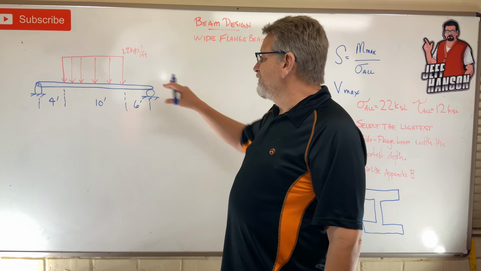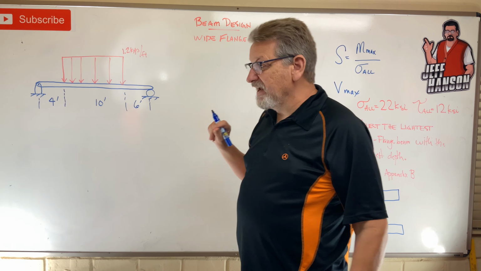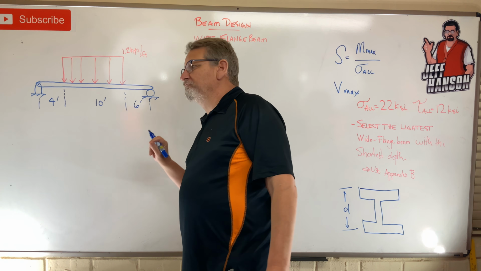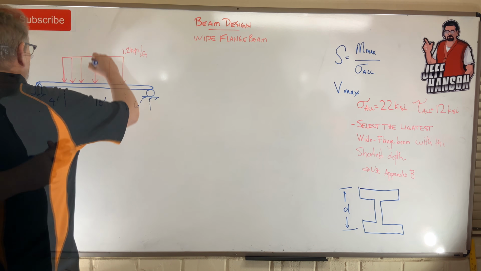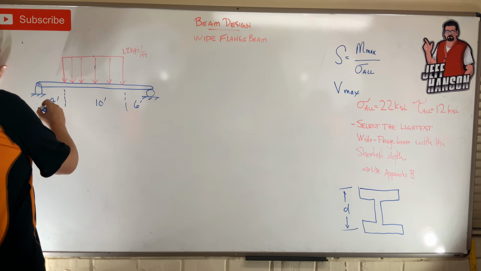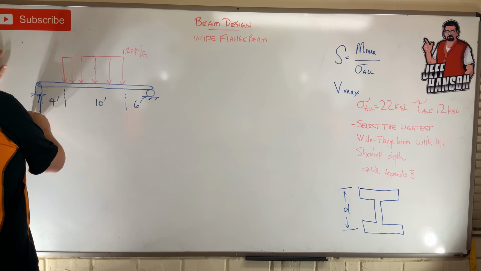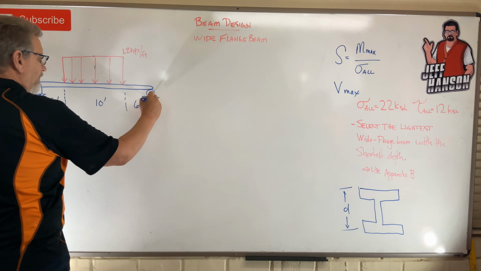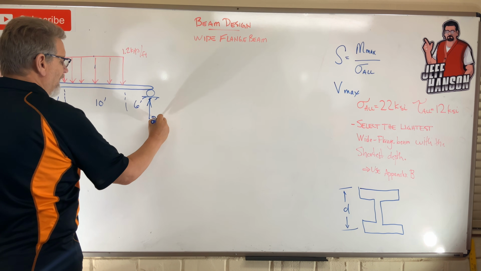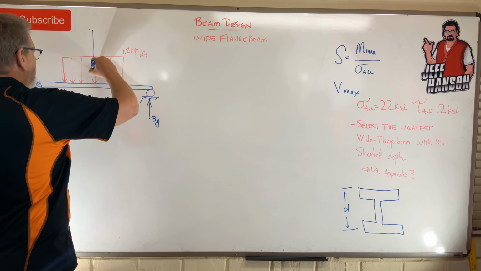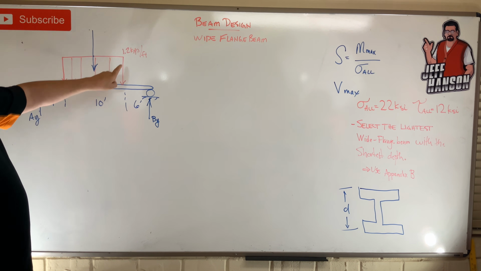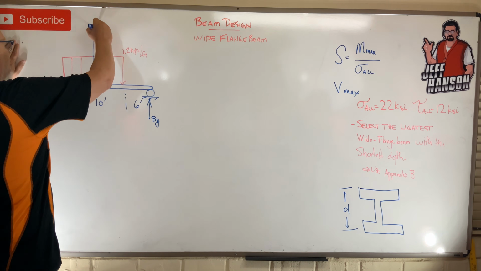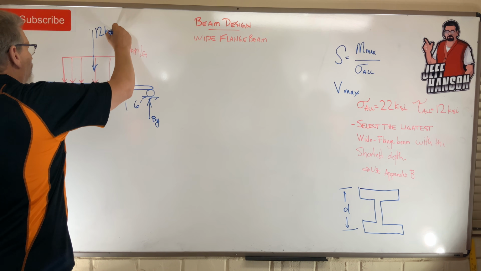Okay? We're going to do this problem here, and let's see if we can get it. Step one, let's start with global equilibrium, okay? All right, so we've got over here an AY, over here a reaction BY, and then this rectangular load right in the middle of that, 10 times 1.2, that's 12 kip-ft.